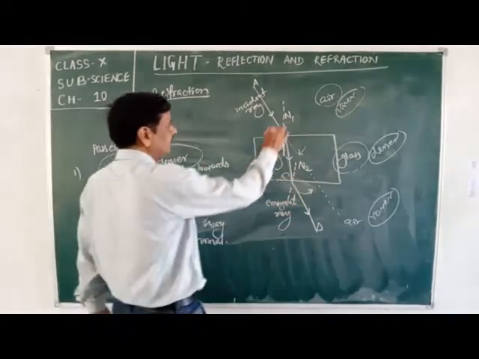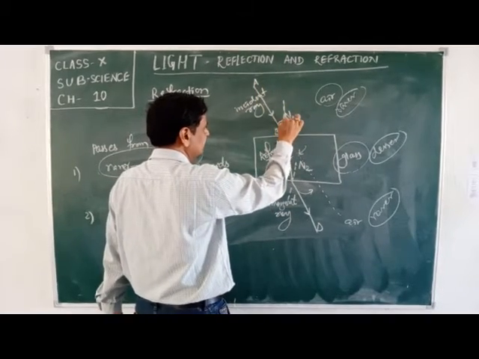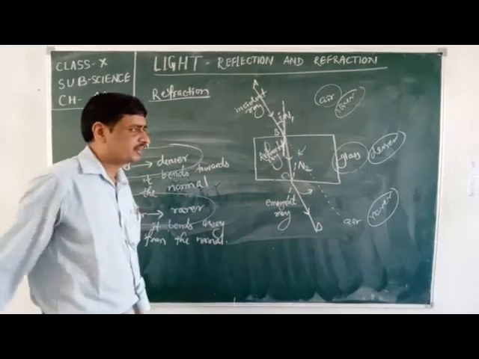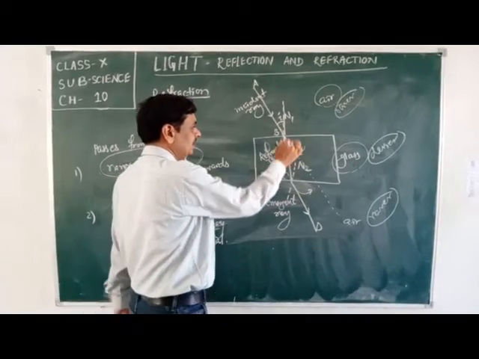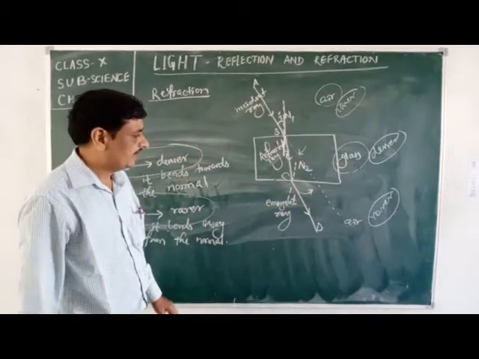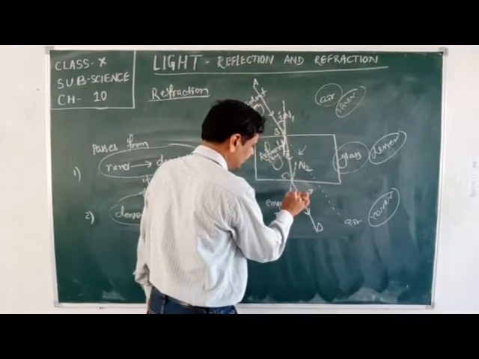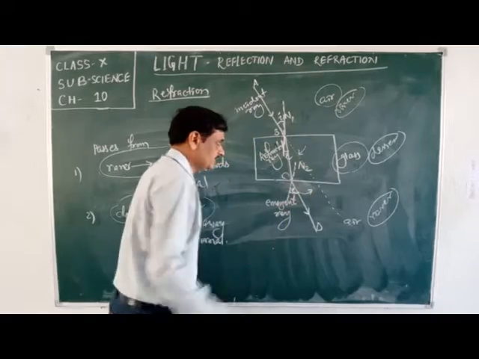Now the angle between this incident ray and the normal is the angle of incidence. The angle between the normal and the refracted ray is the angle of refraction. The angle between the normal and this emergent ray is the angle of emergence.